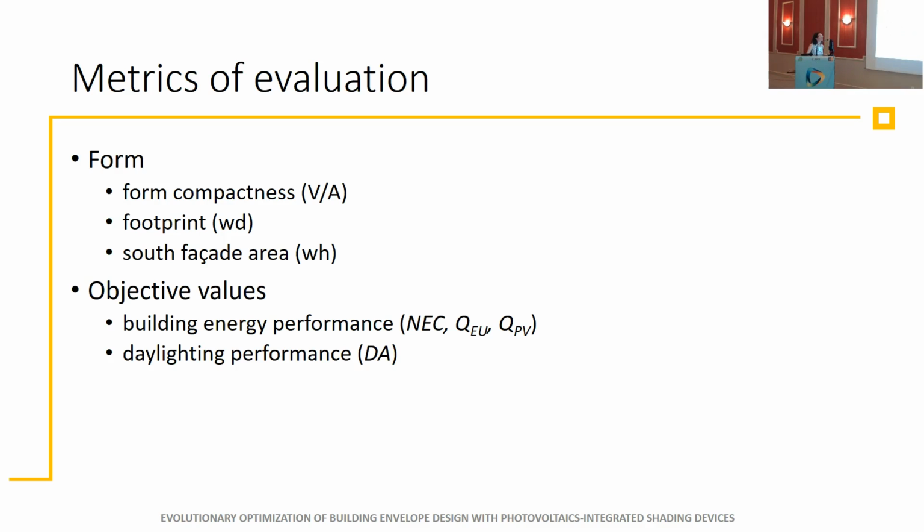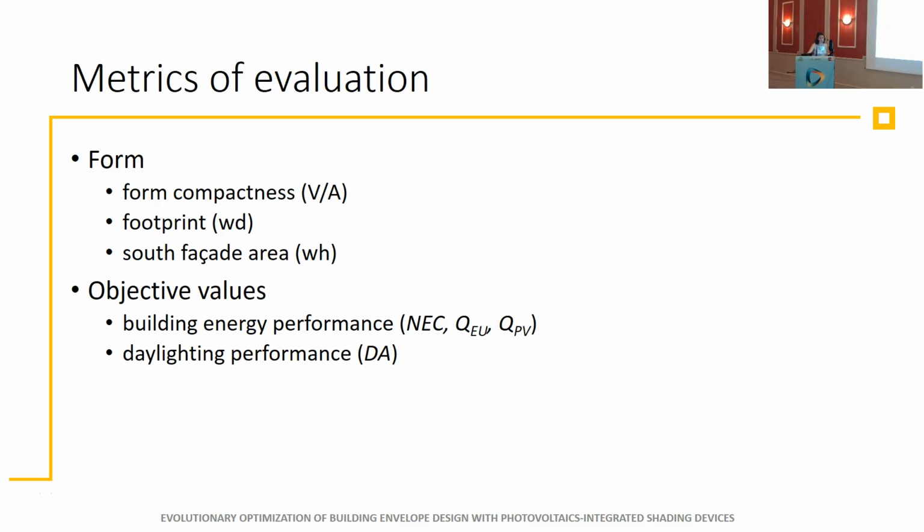So the first one is regarding the form of the building, form compactness, meaning volume over surface area. The footprint of the building as well as the south facade area are meaningful parameters that we can build our evaluation upon.